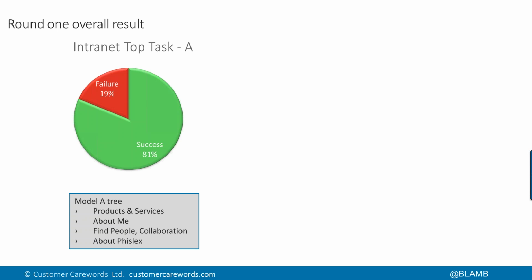We can take a look now at what the overall results were. For Model A, 81% of people were successful in those 16 tasks. That means that when they were presented with the tree, 81% of them were able to select the link in the tree where we had said we'd place the answer to that task.